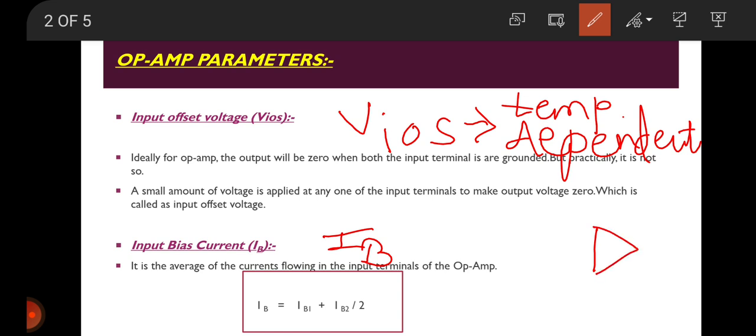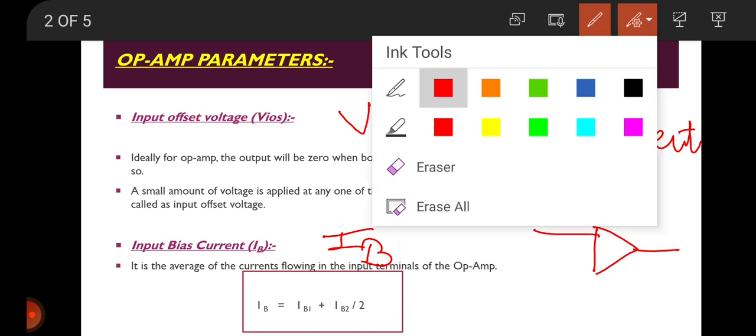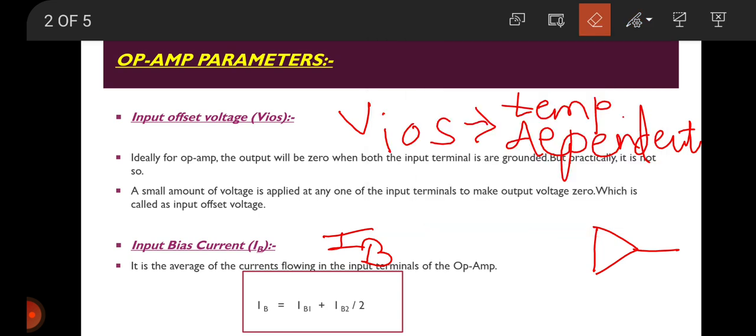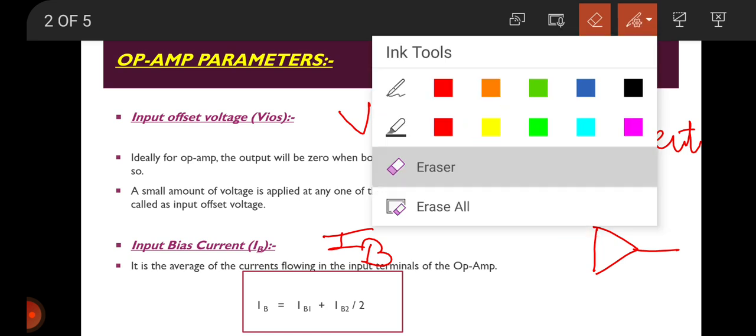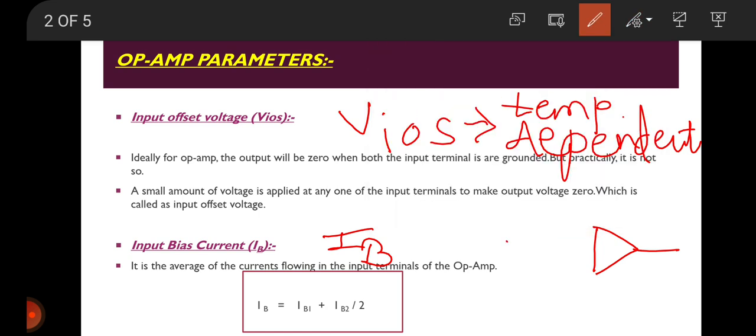Suppose this is op-amp, this is inverting terminal and this is non-inverting terminal.